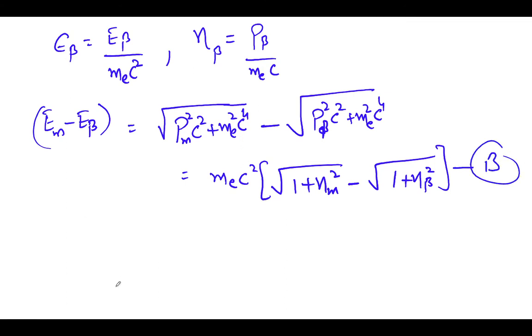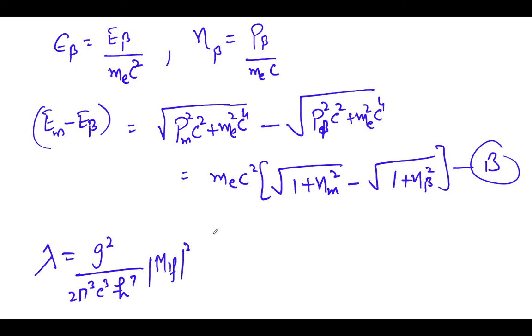So put this equation B in equation A. So we get this decay constant, which is equal to g squared over 2 pi cubed c cubed h raised to power 7, Mif squared.